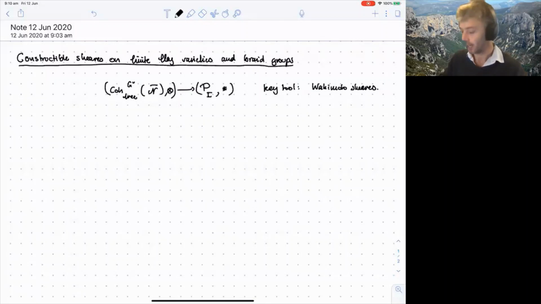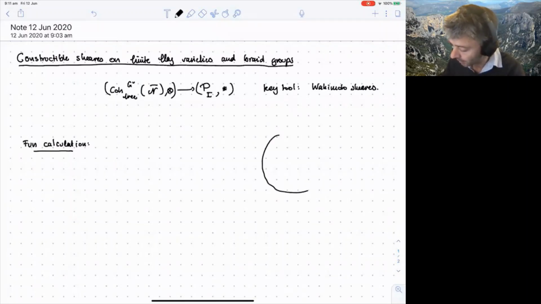So now I want to start with a fun calculation, which is the following. I'll try and draw a nice picture of P1. Here's P1. And I want to take 2 distinct points in P1.